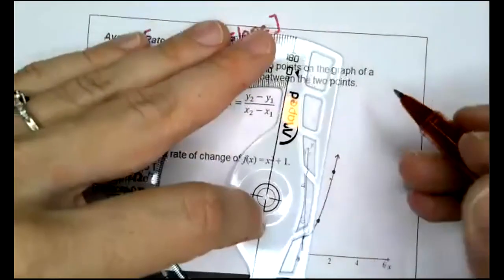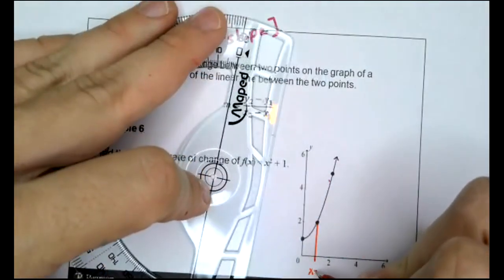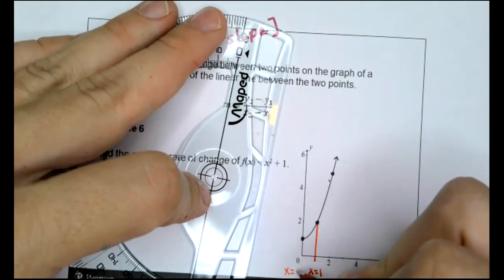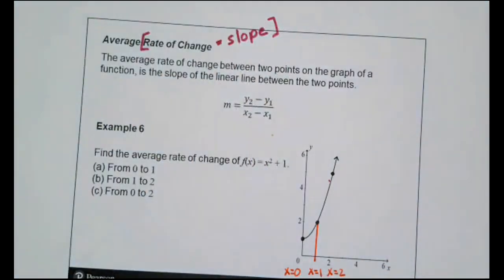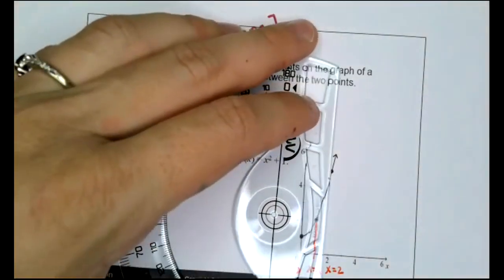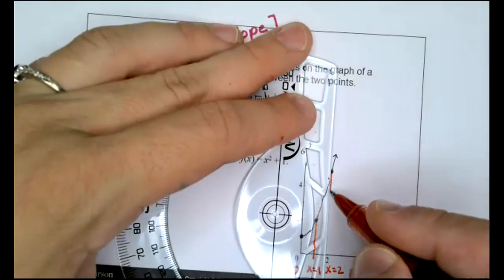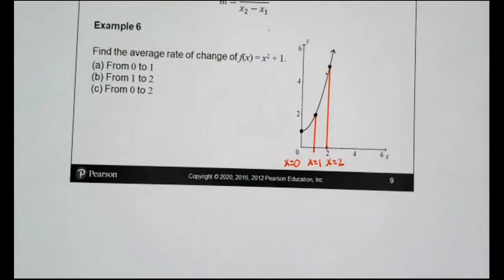So this is x equals 0, x equals 1, x equals 2.